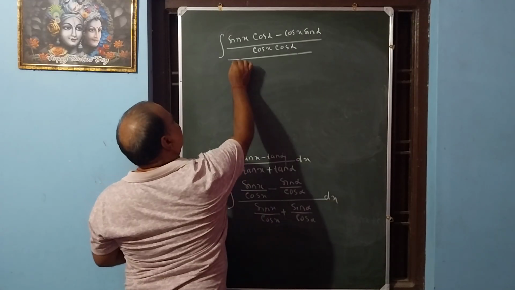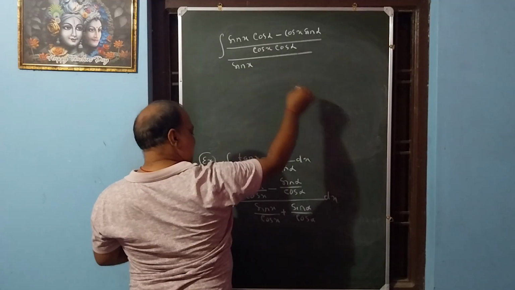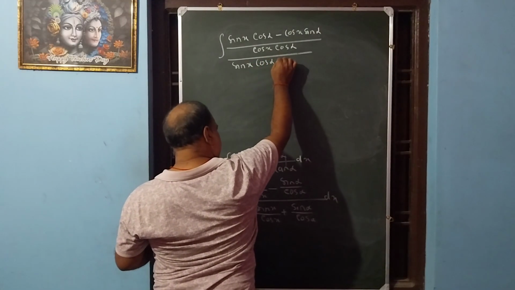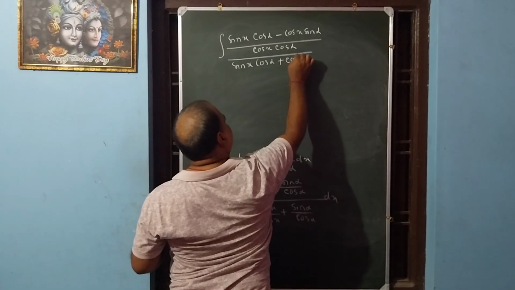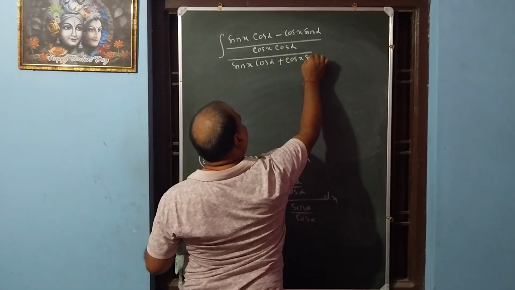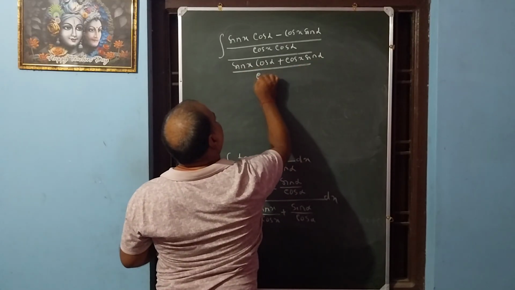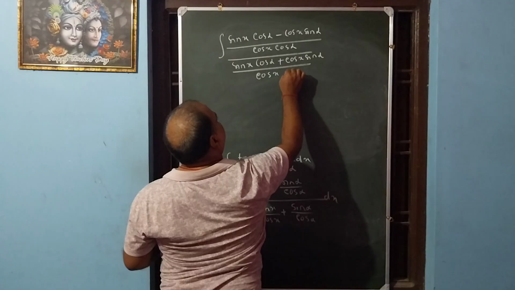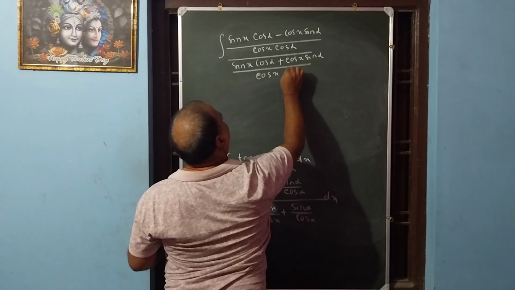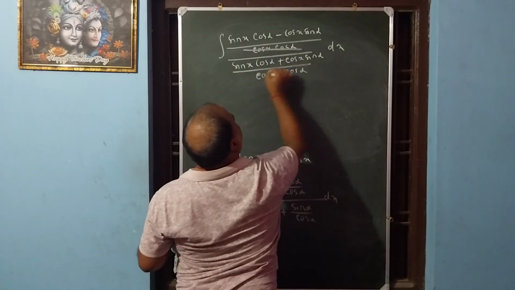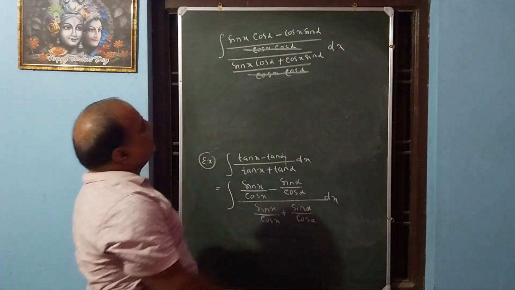So we get (sin x cos alpha plus cos x sin alpha) divided by (cos x into cos alpha), whole into dx. So this quantity is cancelled with this quantity.